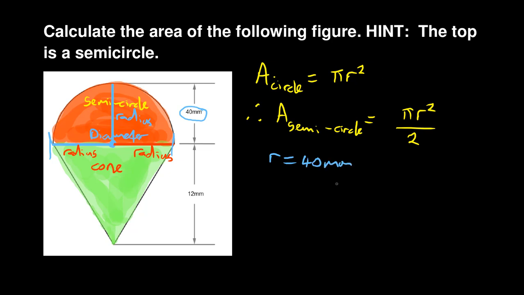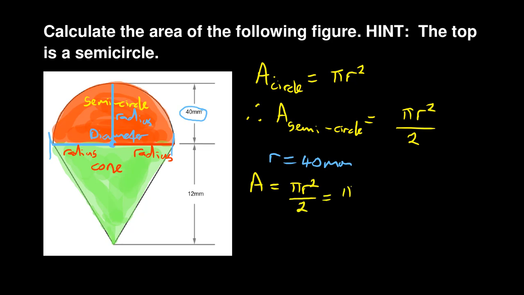Already this is good information, and it can allow me to calculate now the area of the top part, which is the area of the semicircle. So now I can calculate and say area of semicircle, but you don't need to actually say semicircle. You can just say area is equal to pi r squared over 2. That's the formula they expect from you.